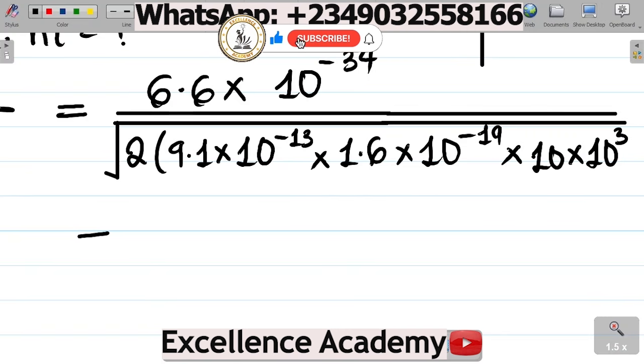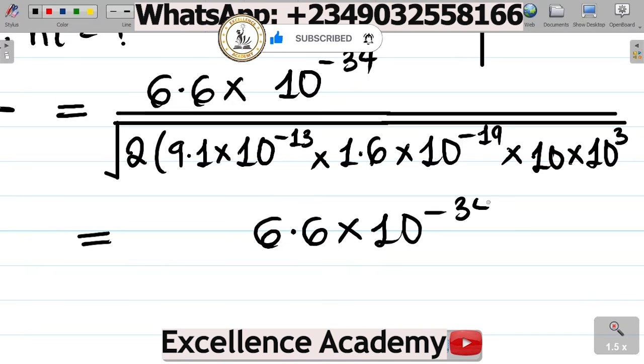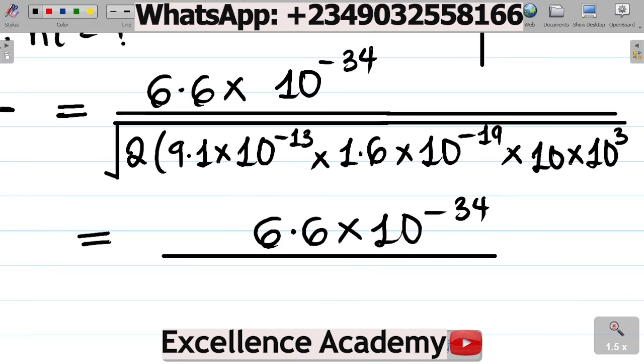Now this is equal to, numerator is 6.6 times 10 to power minus 34, all over. Let's multiply the denominator and see what we have.